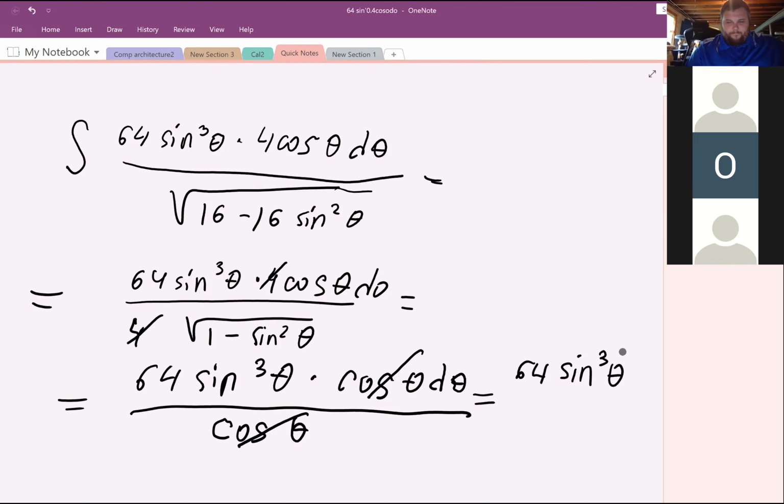Yep. And you're gonna have an integral and a d theta in there. Yeah, and then the integral symbol somewhere. And now that's a trig integral that you have to solve. Okay.